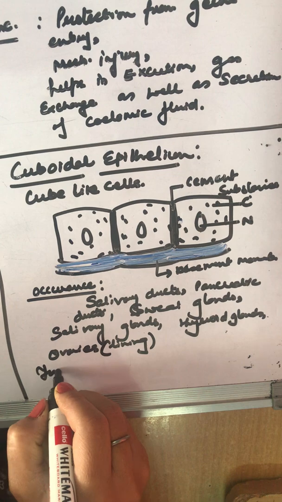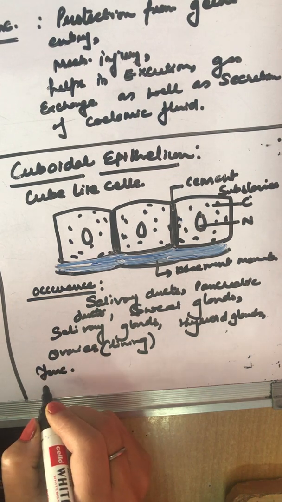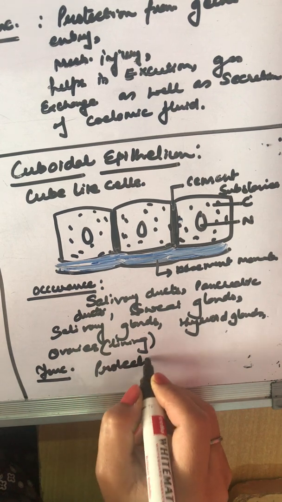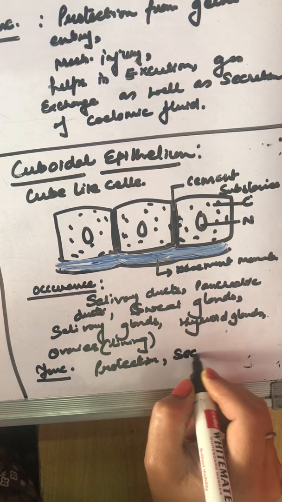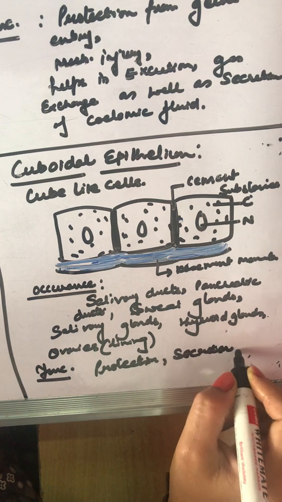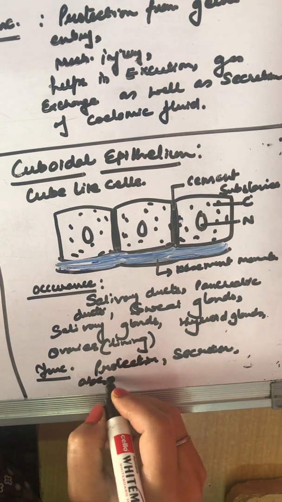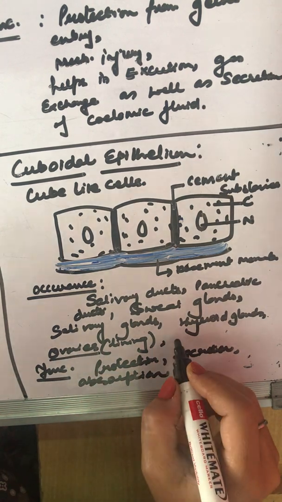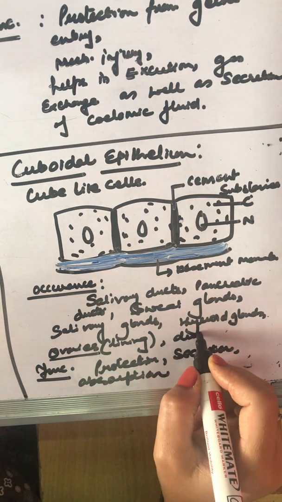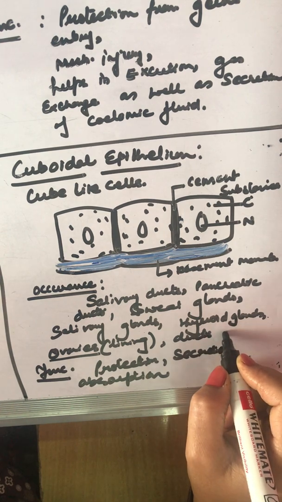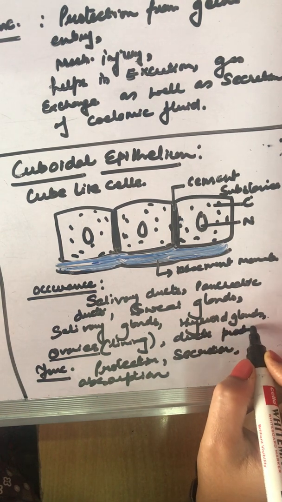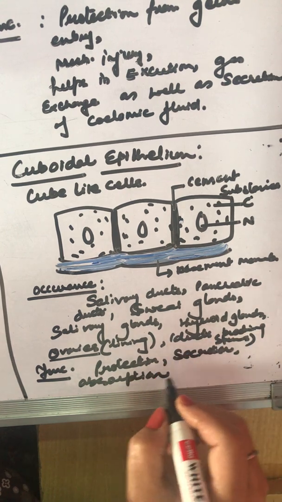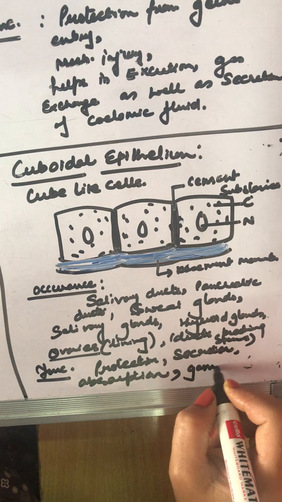Function. What is the main function since it is present here? Mainly responsible for protection, secretion, absorption when it is present in ovaries as well as in ducts producing sperm, it is responsible for gamete formation as well.